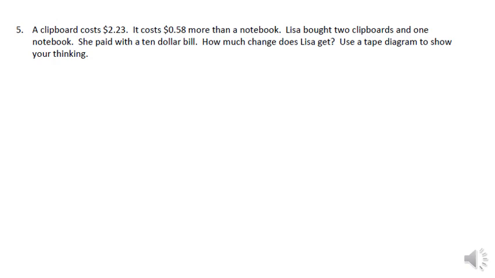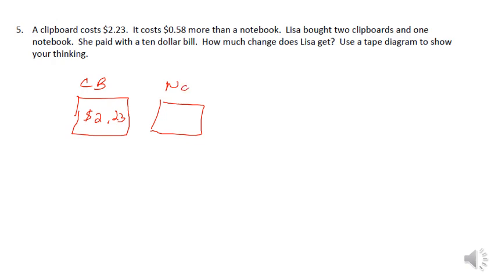Okay. So I know a clipboard, and I'm just going to draw mine out there. This one clipboard costs $2.23. And that's for a clipboard. Here I have a notepad, which I know is 58 cents less than the clipboard.